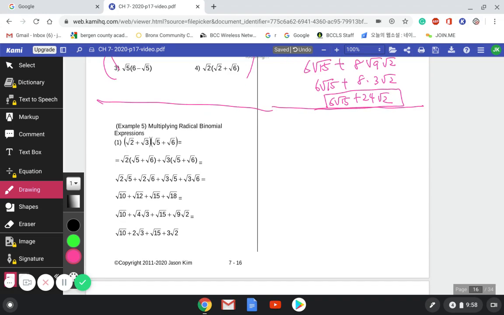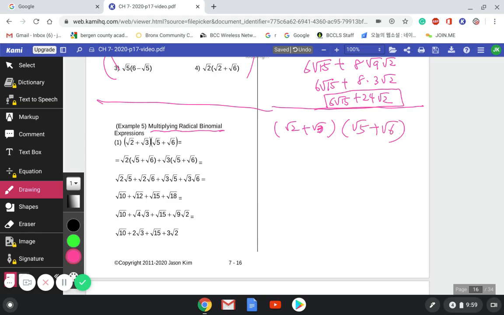Now, the previous examples were multiplying monomial by binomial, one term multiplied by two terms. This one, we are going to look at multiplying radical binomial expressions, binomial times binomial, which means two terms multiplied by two terms.